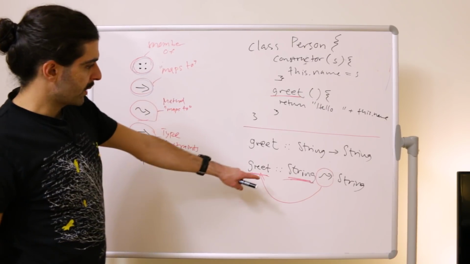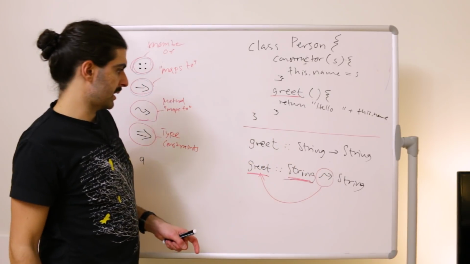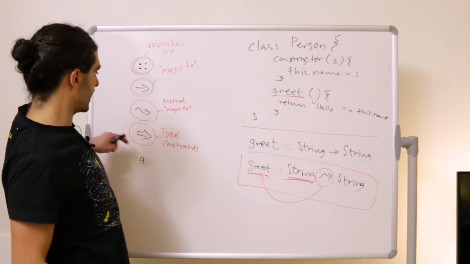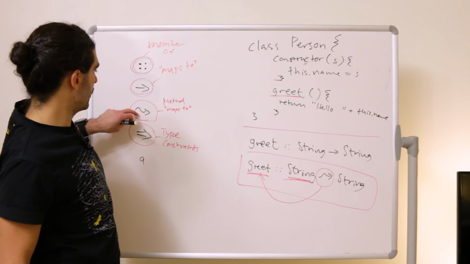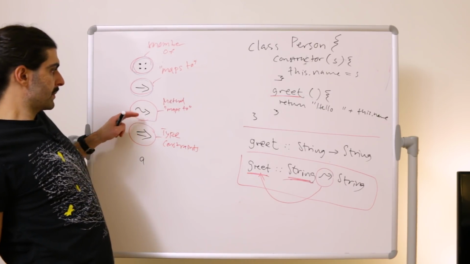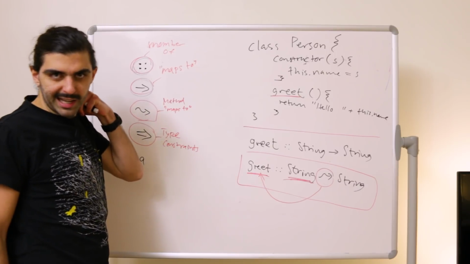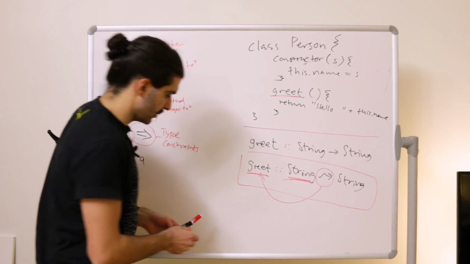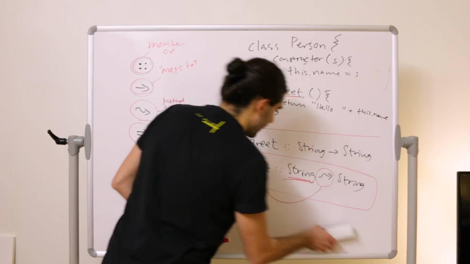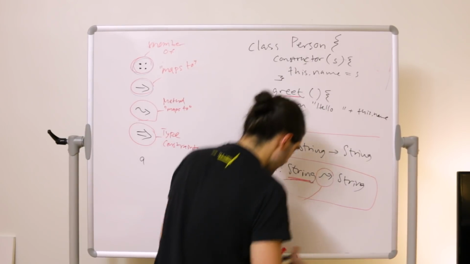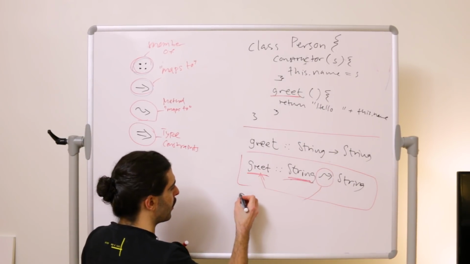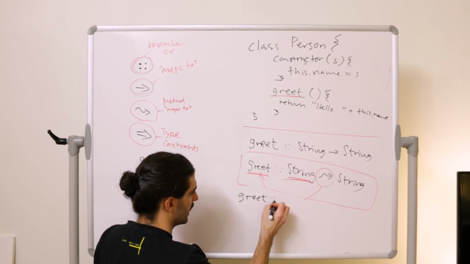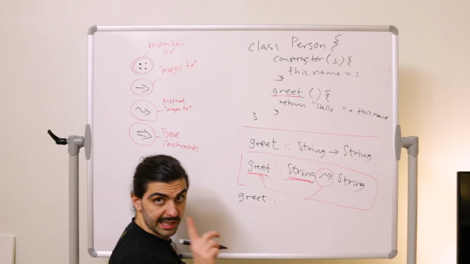Okay. And then the question is, how do we rewrite this type declaration so that we're using the type constraints and the method maps to, the squiggly arrow, in the way that the Fantasyland specification wants us to use it? What we have to do is say there is a method called greet, and the type of that method is that.